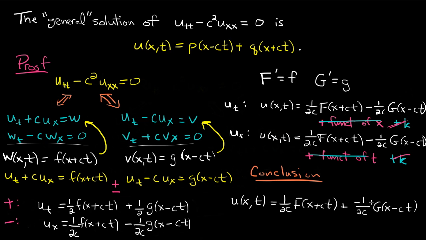And since capital F, capital G are perfectly arbitrary, so are 1 over 2c times F and minus 1 over 2c times G. So we might as well just call these things new arbitrary functions, q of x plus ct, because this is a function of x plus ct, and call this guy p of x minus ct. So if we simply rename our little function 1 over 2c F and minus 1 over 2c G, then we get our general solution to the wave equation in the form that we originally wrote it.